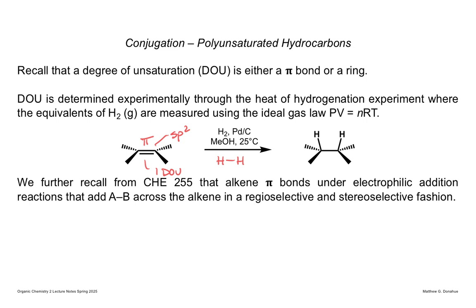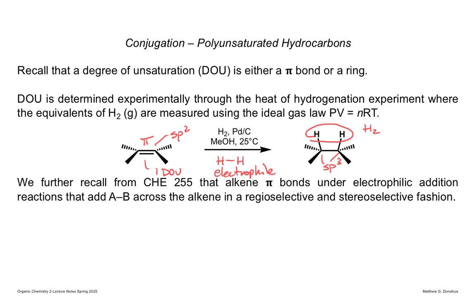So notice overall, we get the addition of H2, and now the carbons are both sp3 hybridized. So in this case, since that electrophile H2, both elements are the same, each carbon is getting the same thing.